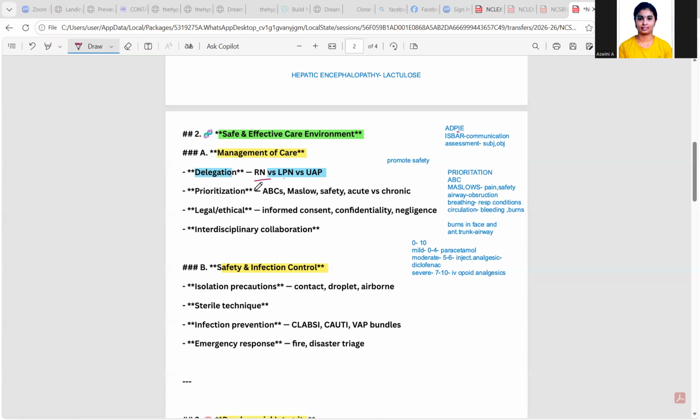Okay, but before shifting the patient to the operation theater, we can make sure whether the consent has been signed and whether the client got adequate information about the procedure. For example, if you get a question that the client is asking a doubt about why I am being shifted to the operation theater, if the client is having a confusion, what will you do? Will you shift the patient to the OT?